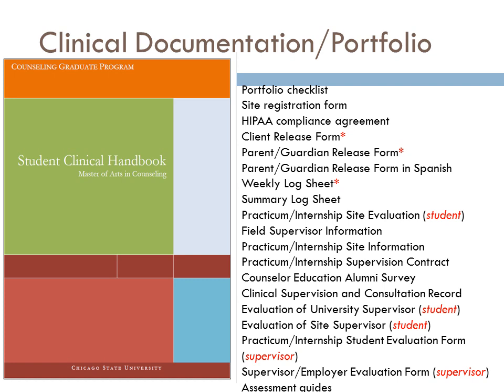The forms with the asterisk I'll be talking a little bit more about. Most of the forms in here are self-explanatory. There are evaluation forms that you, the student, must fill out about your practicum and internship site and also your site supervisor. There are also forms that your university supervisor and your site supervisor will complete regarding you as well.